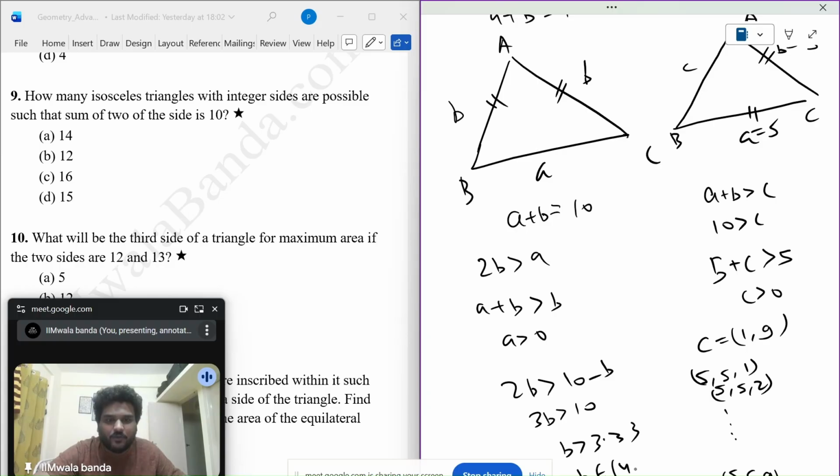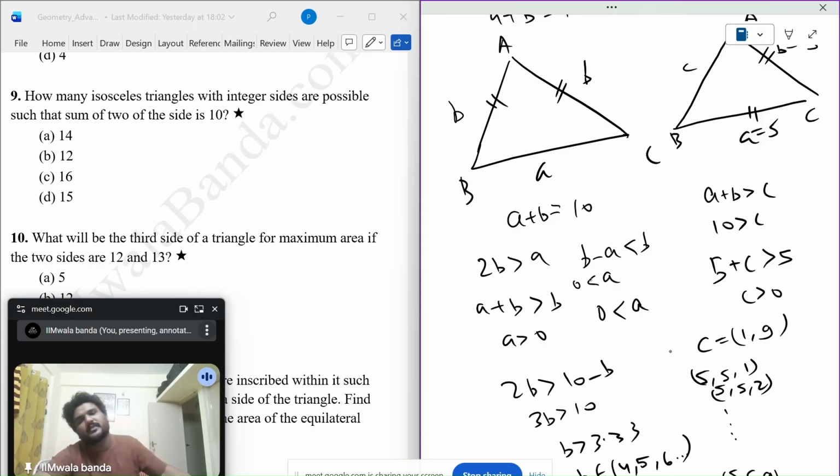So B can be 4, 5, 6 and so on. B is greater than 3. A plus B should be greater than B, A should be positive, that I know. And 2B should be greater than A. Difference of two sides is less than the third side. Again, I got the same thing. So from here, I'm getting that B can be any value.